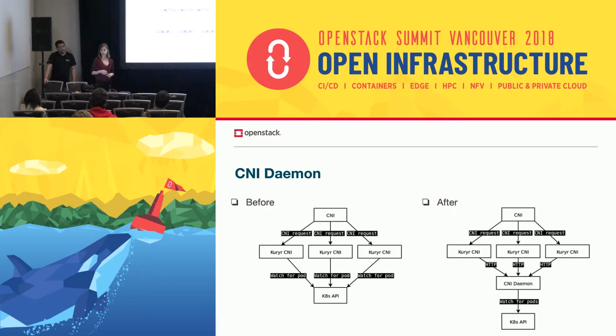And by doing this, it is much more scalable. So no more requests having to go all the way to the Kubernetes API. So only one will be present. And running without the CNI daemon is going to be deprecated in the Rocky cycle.